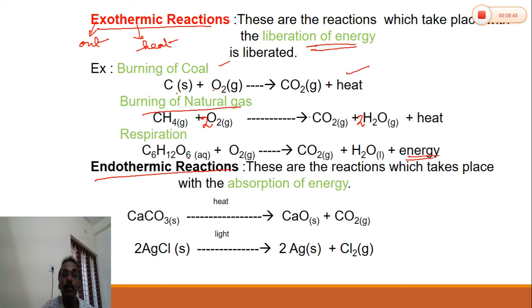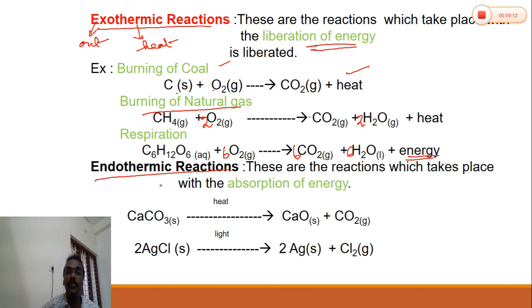Glucose combines with oxygen, forming carbon dioxide and water and releasing energy. Now balance the equation: C6H12O6 plus 6 O2 gives 6 CO2 plus 6 H2O. So these are exothermic reactions.